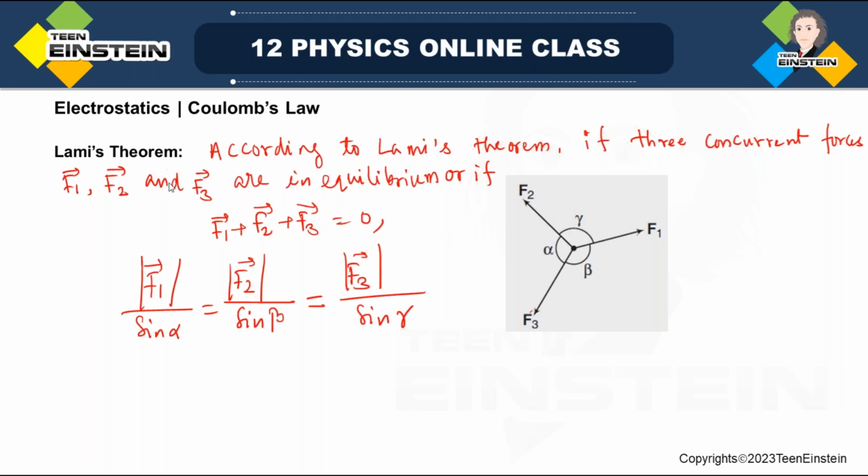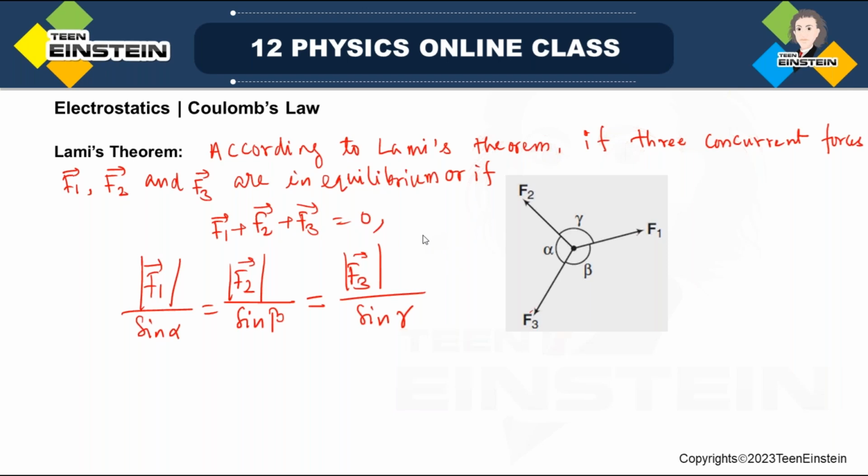So let us recapitulate a little bit about Lami's theorem as we had discussed in the last class. What it says is that if there are three forces in equilibrium, they are concurrent forces.